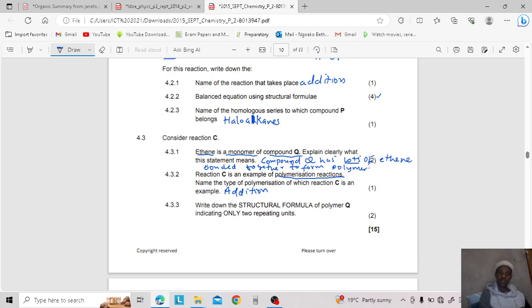Polymer, so okay, 2 repeating, that will be 1, 2. That is used to make a polymer. Then we must have another 2 joined together. Now we have these ones, which are our hydrogens.